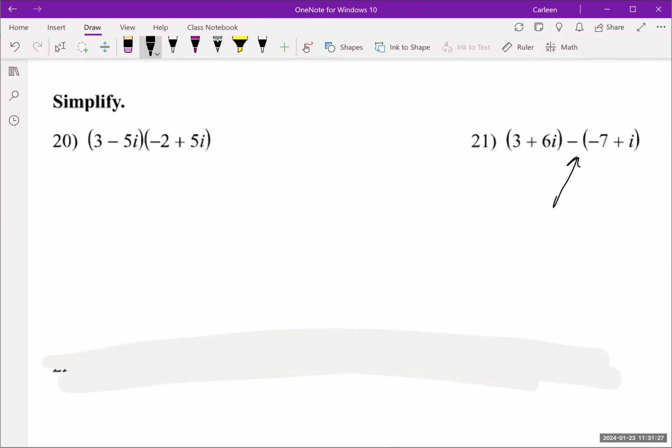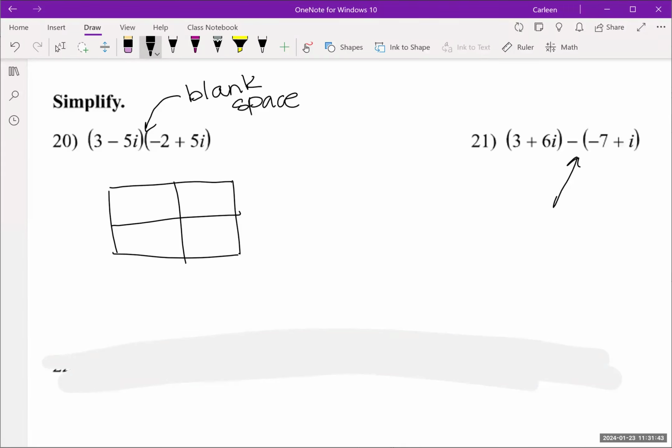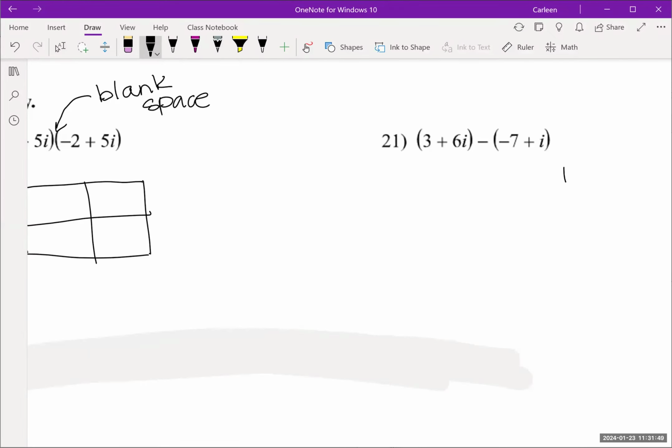Okay, so 20, notice what is between them. Blank space, baby. Empty space. This is multiply. You make a box. Okay, this one is distribute and combine like terms.